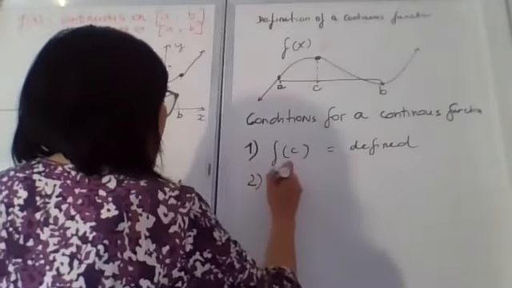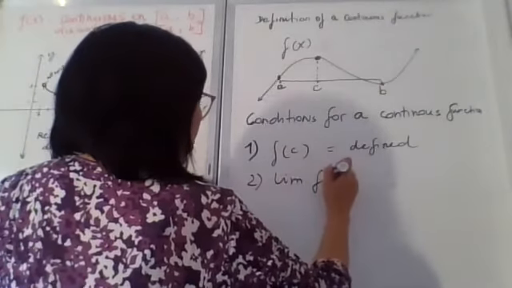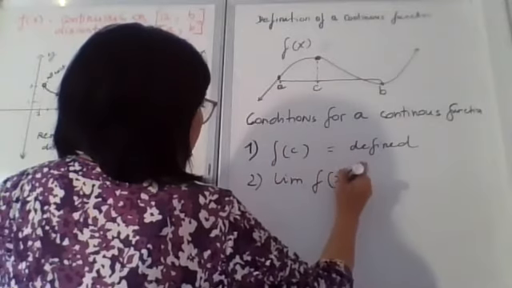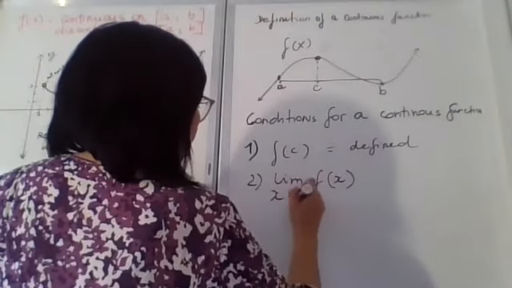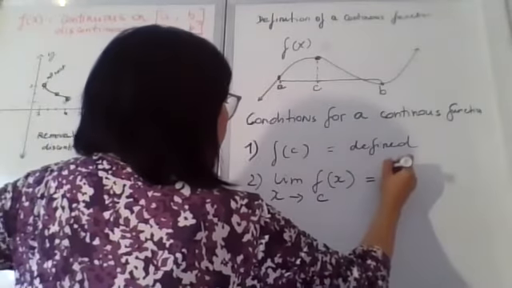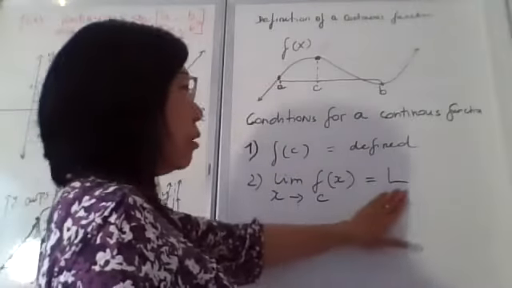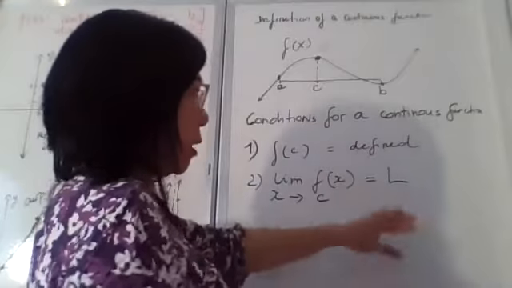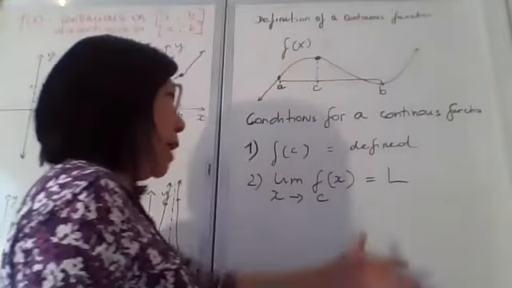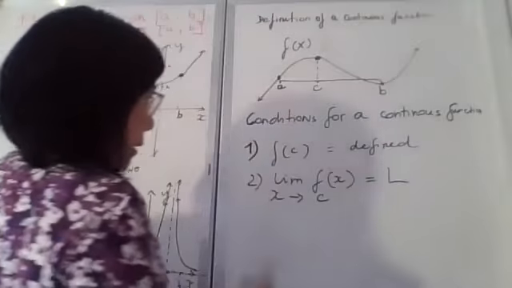The second condition will be the limit of f of x when x approaches c has to exist and equal a number L, whatever number, could be 2, 3, 4, 5, minus 3, whatever, right? So the limit has to exist.